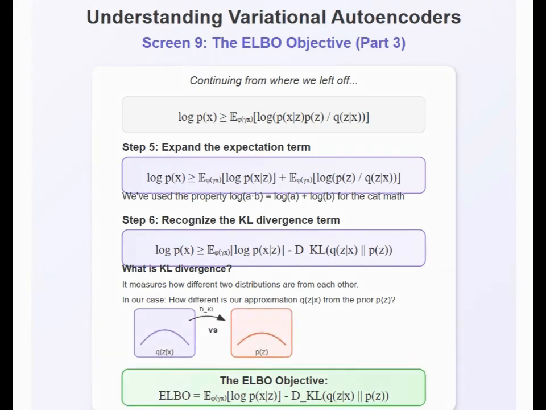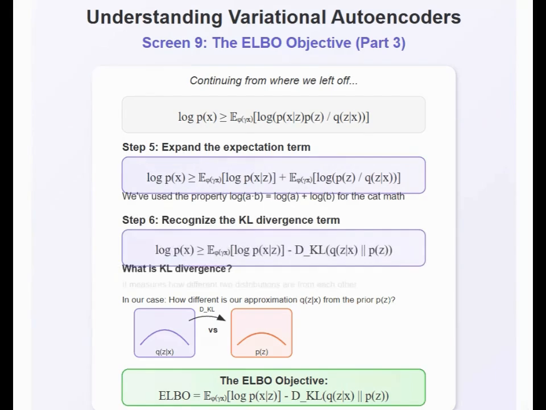Log p of x is greater than or equal to the expectation with respect to q of z given x of log p of x given z plus the expectation with respect to q of z given x of log of p of z divided by q of z given x. This separates our objective into two distinct terms, each with its own interpretation.